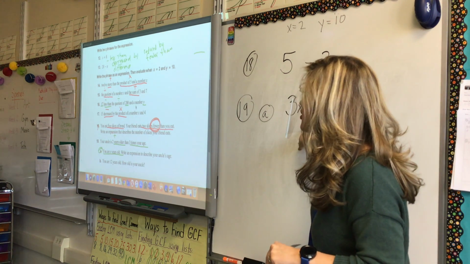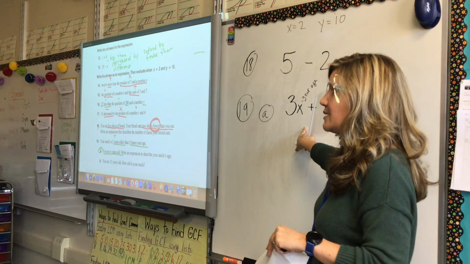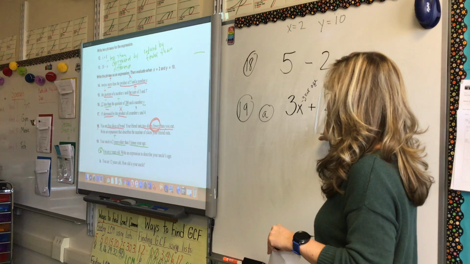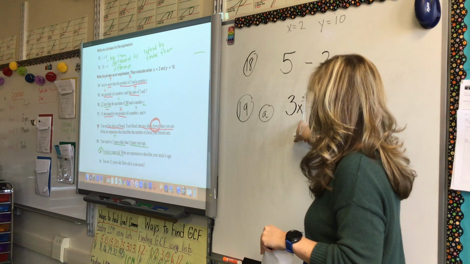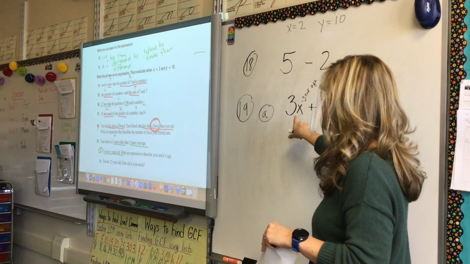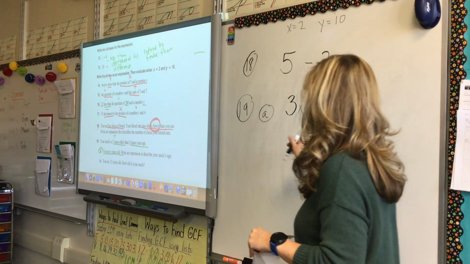And then it says he is 2 years older than 3 times your age. So 3x plus 2. Write that down. That is the expression that describes your uncle's age.